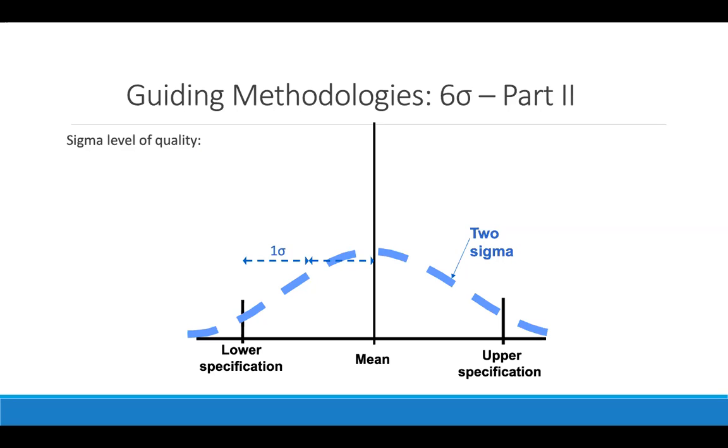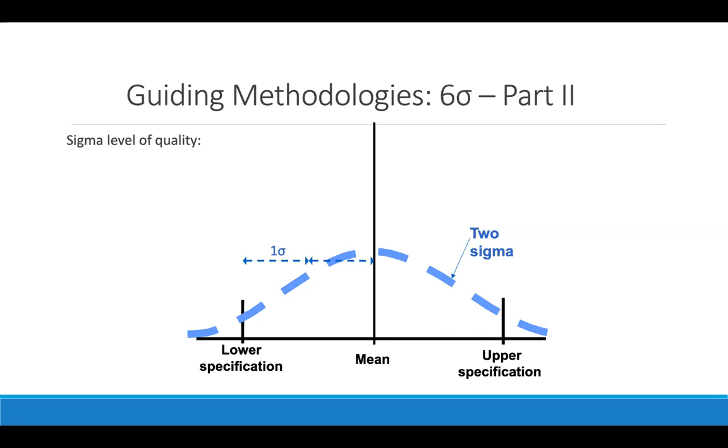So if you can imagine, on the left side, as you see, there are these arrows. It has 1 sigma. So this is 2 standard deviations to the lower specification. Or in other words, the first one closest to the mean is 33% of all of my observations. If I have another one on the other side of the mean, which I don't in this picture, but if I did, that would be another 33% of my observations.